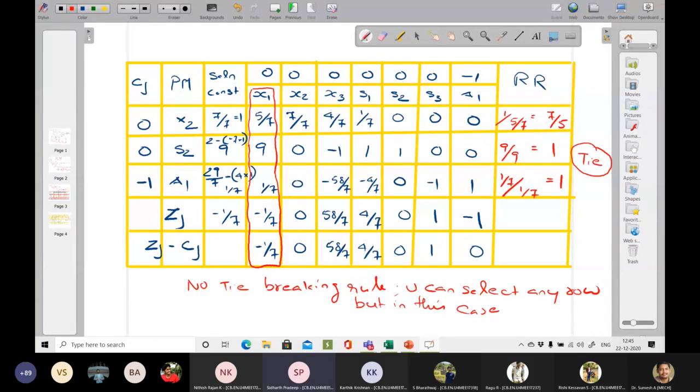A1, sir, because it doesn't have any involvement in the maximization. Yes. In this case, A1 needs to be eliminated, so select it as your key row. You are correct.